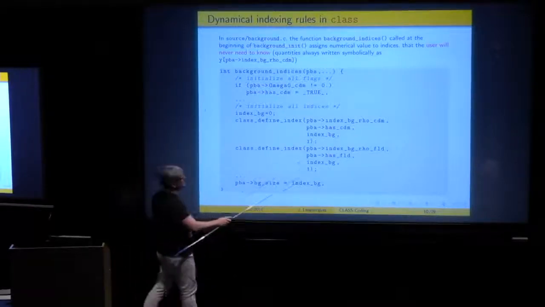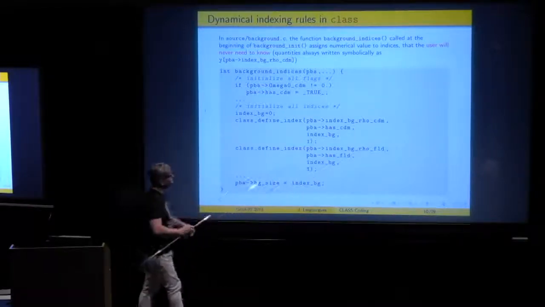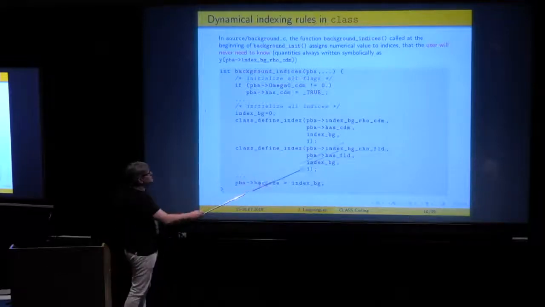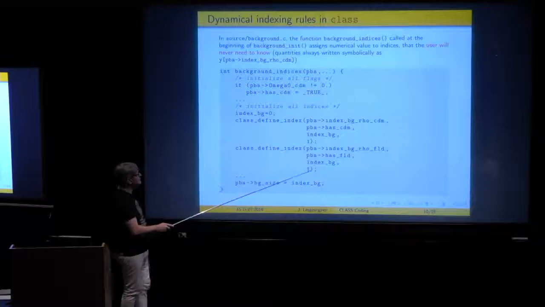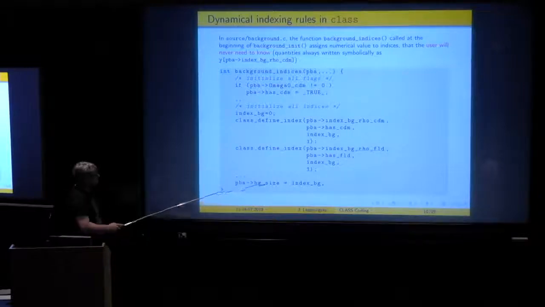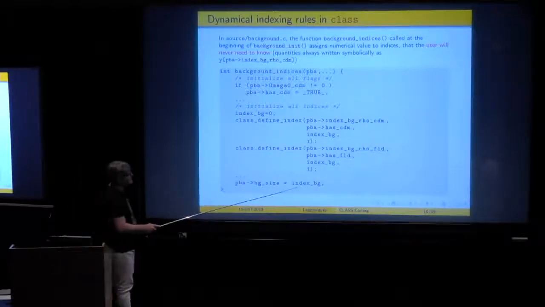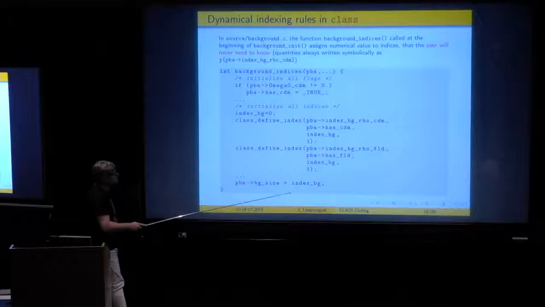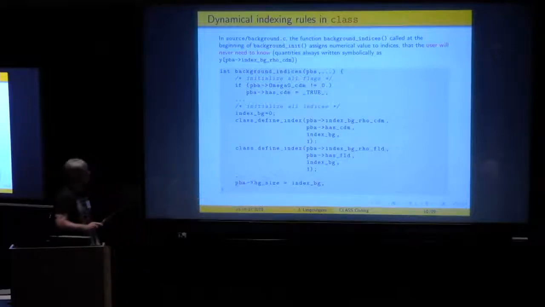Then we do the same for rho of the fluid, and now rho of the fluid will automatically be assigned the value 1. Then it will go to 2. So we go through these macros, and at the end of all the macros, finally bg_size is equated to index_bg, and this will be the number of values that we have assigned.